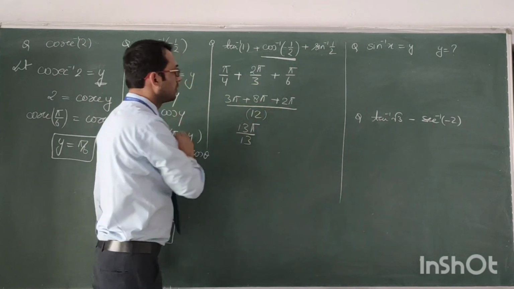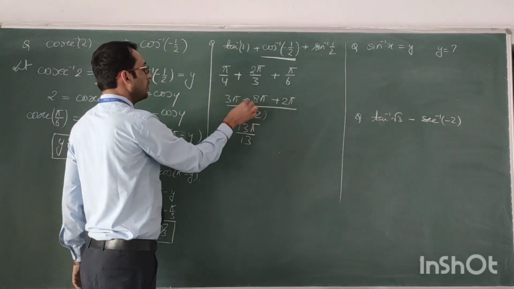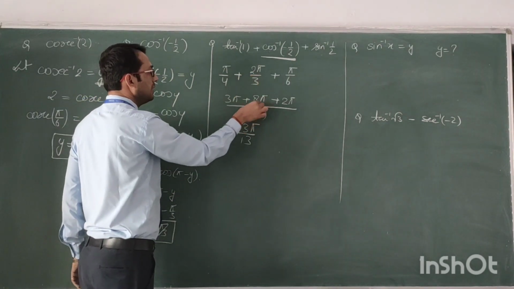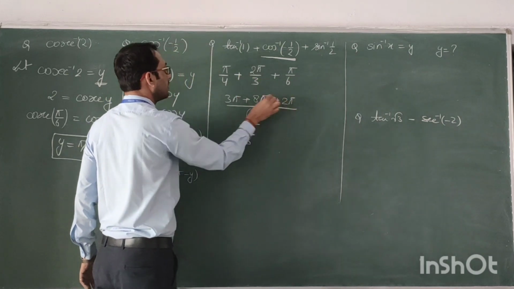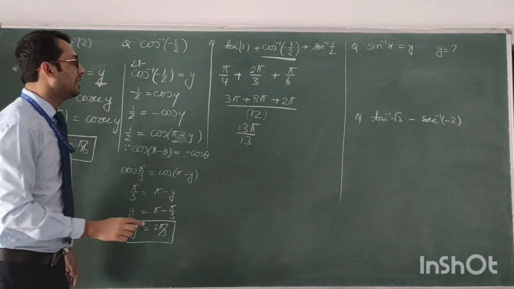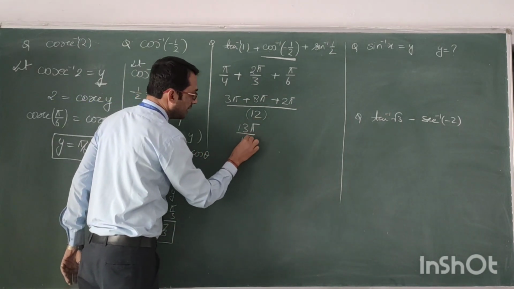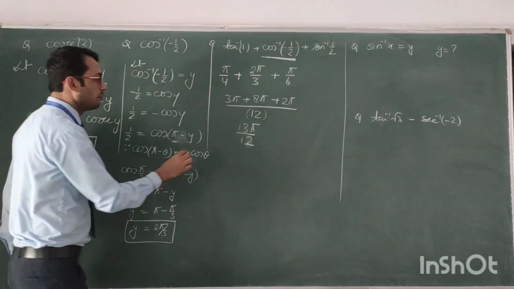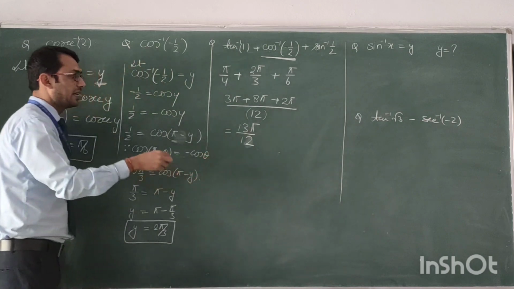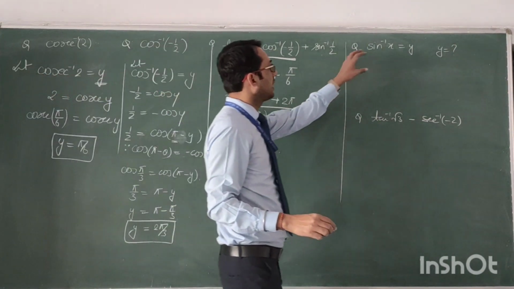LCM will be 12. 4 3s are 12, 3 4s are 12, 4 into 8, 6 2s are 12. So altogether it will be 13 pi by 12. By mistake I had written 13. It will be 12. 13 pi by 12. So by chance I made a mistake, and while going through the question the doubt was removed.